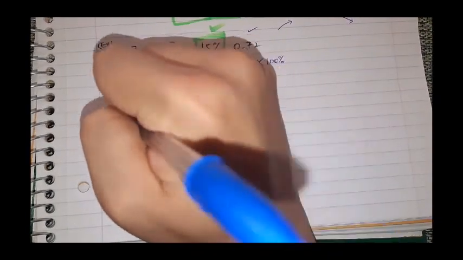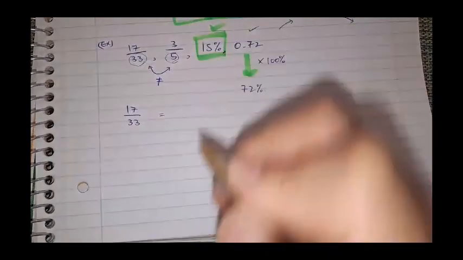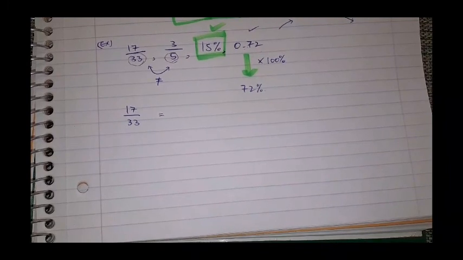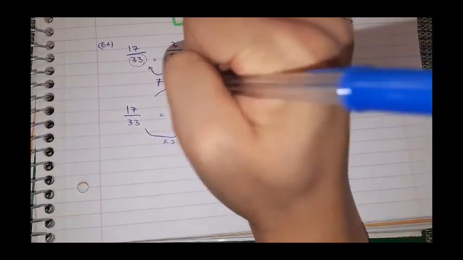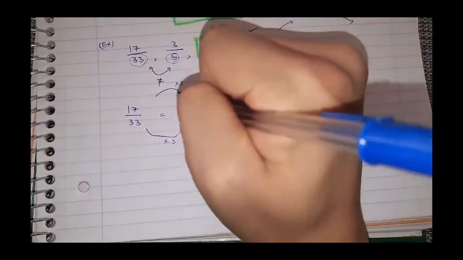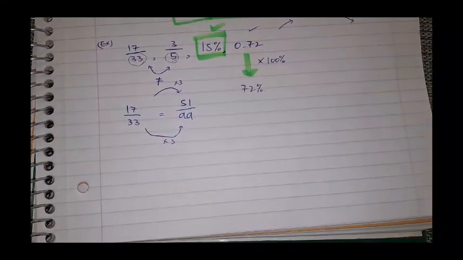Now, 17 over 33. Is there any way that we can make it into another type of equivalent fraction and somehow change it into a terminating or repeating decimal? In this case, yes, we can by multiplying everything by 3. Then you will have 51 over 99.